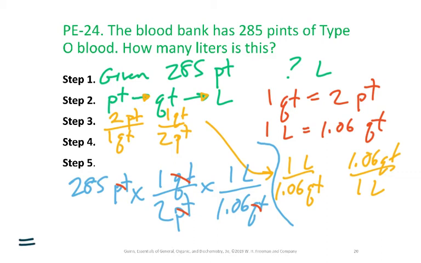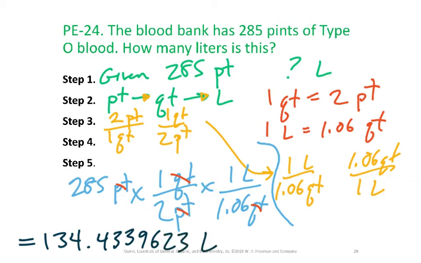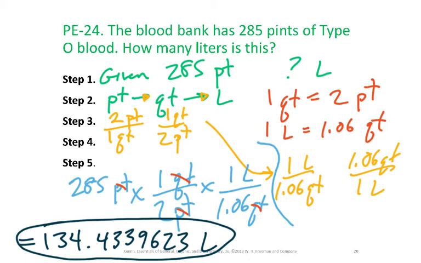We actually do this calculation, and your calculator will say something like 134.433963 liters. Done? No. Remember sig figs, right? All we have is 285 pints. There's no way we know this answer out to this many digits, right?